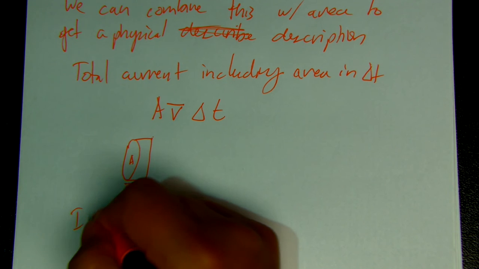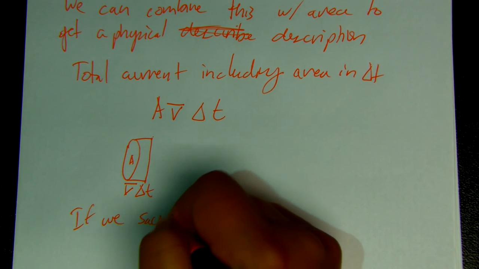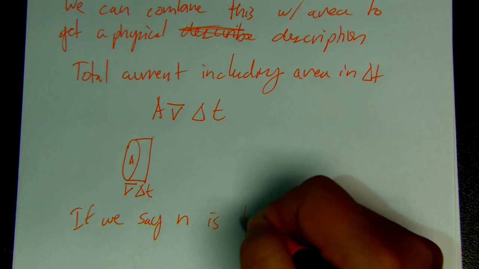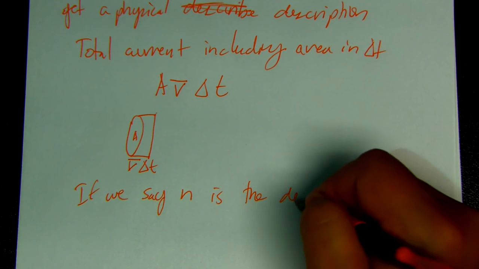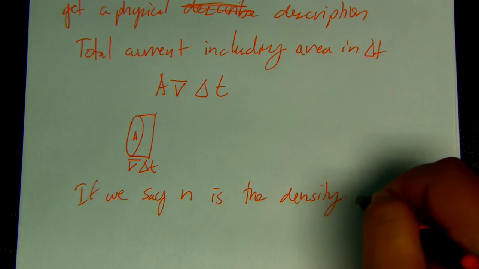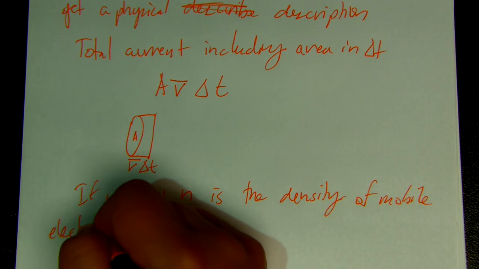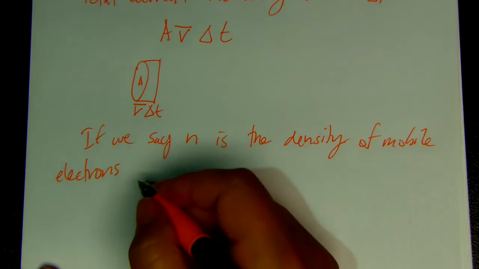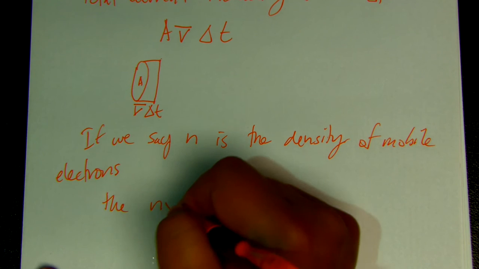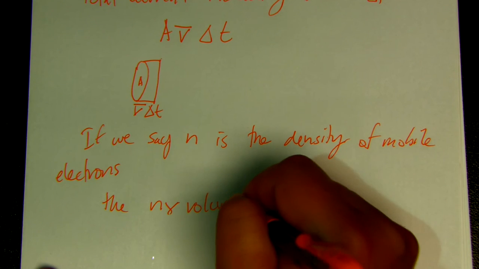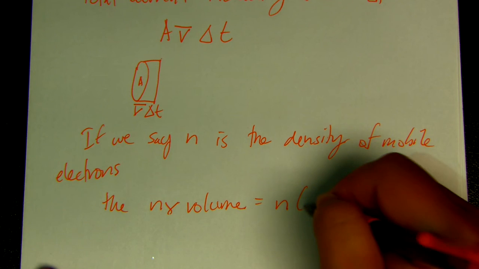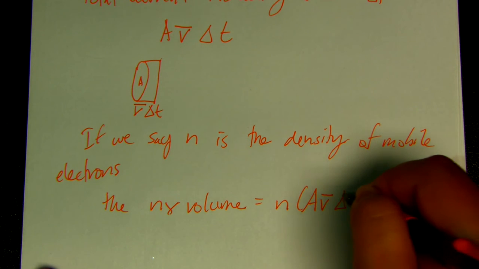And if we say n is the density of mobile electrons, which we have said before, then we would have n times the volume, which is n A v bar delta t.